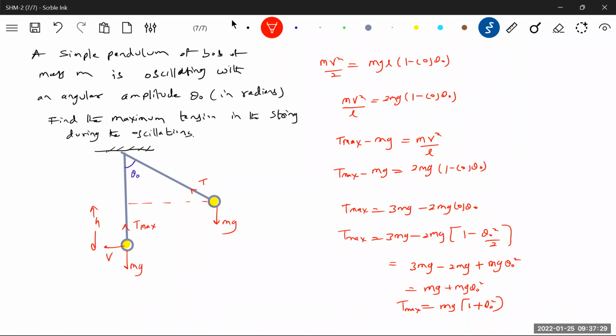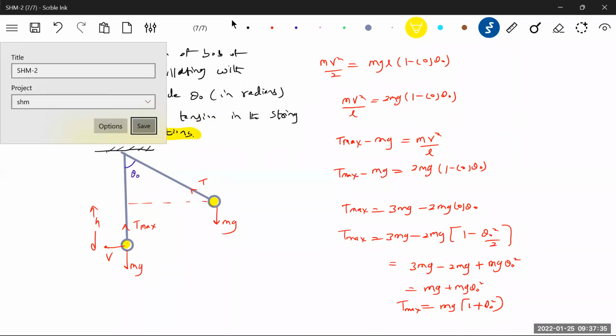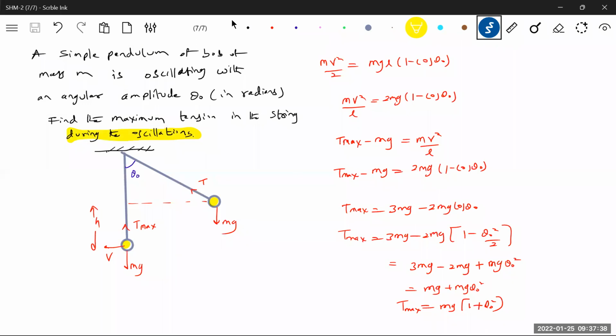Then, during oscillations, this is very important. This was the main question.